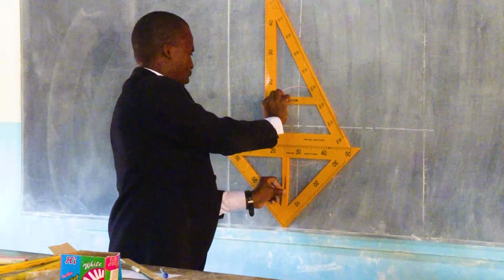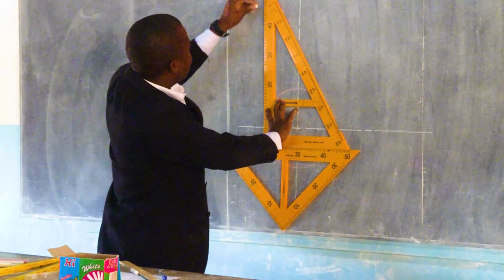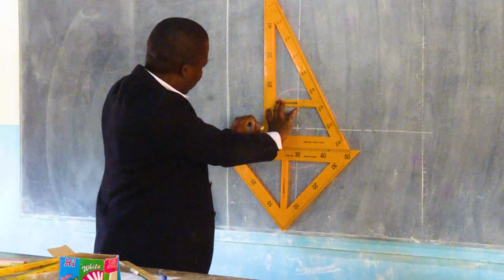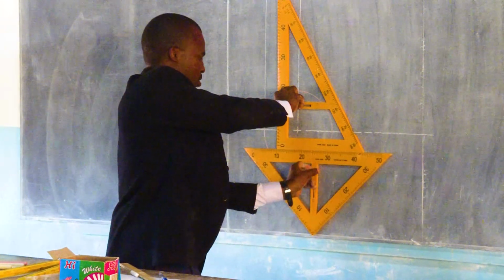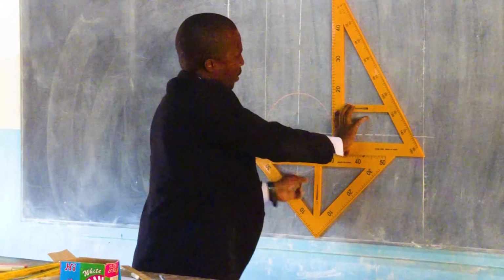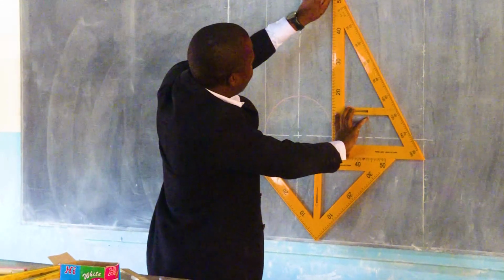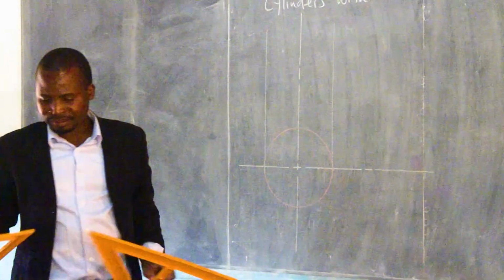Then in the last, or where the circle touches the center line, you draw that line. Then you slide it to this edge and draw that line.